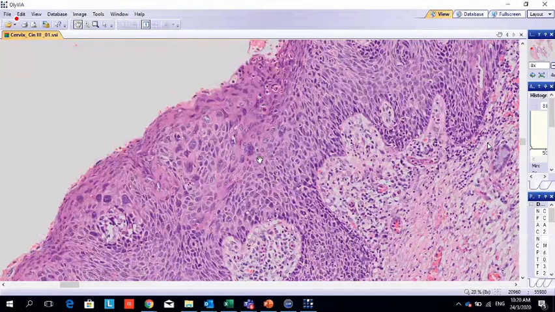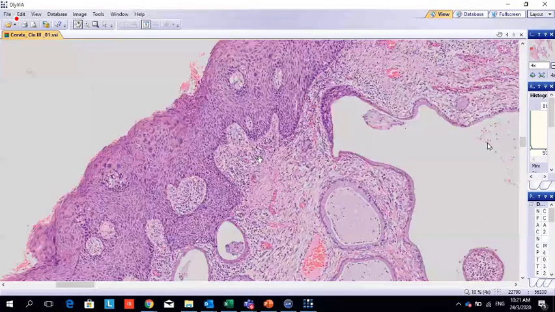The screening test is Pap smear. Cone biopsy is when you remove the whole infected part, as a cone. Because if you leave it without treatment, it will progress to invasive carcinoma.